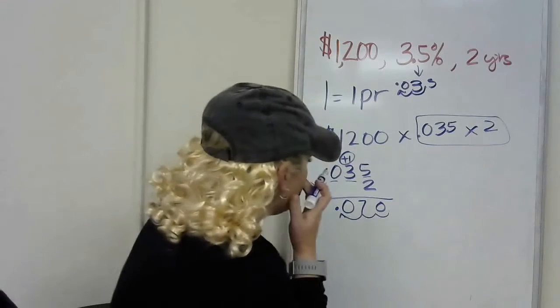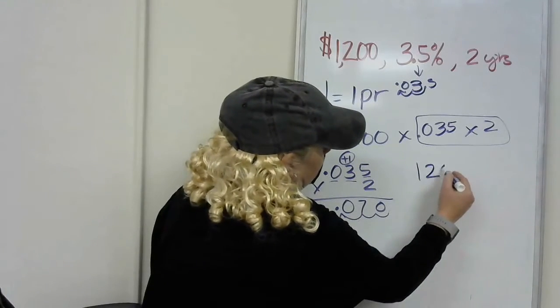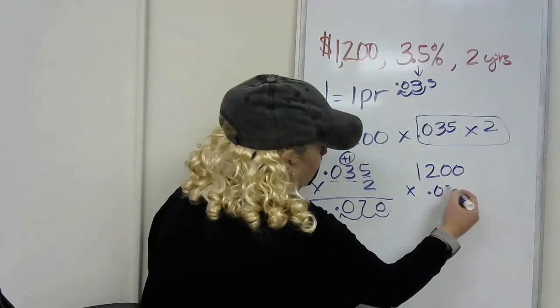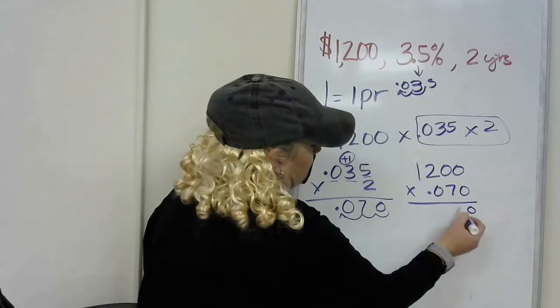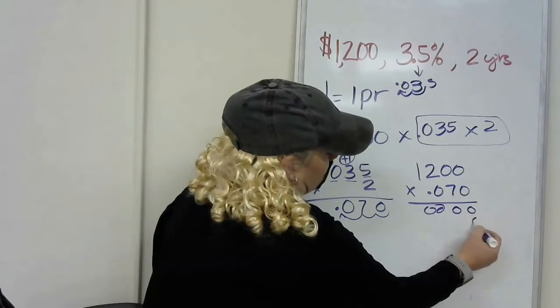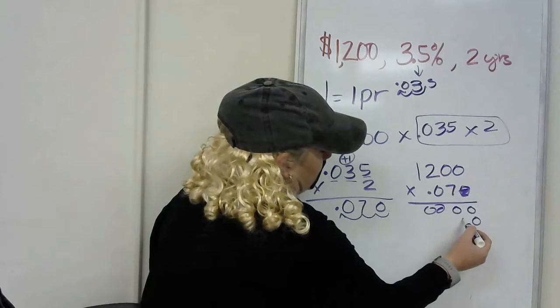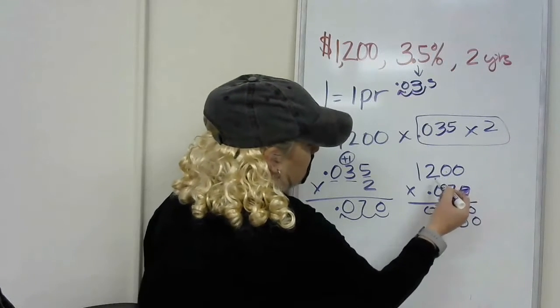All right. So now we're going to take this and we're going to multiply by our 1,200. 1,200 times 0.070. So 0 times anything is going to be 0. We got to drop an egg and scratch. 7 times 0 is 0. 7 times 0 is 0. 7 times 2 is 14.